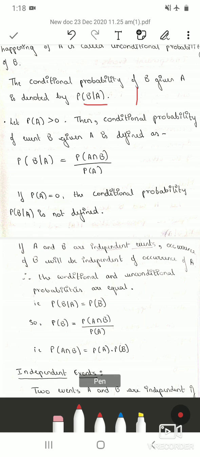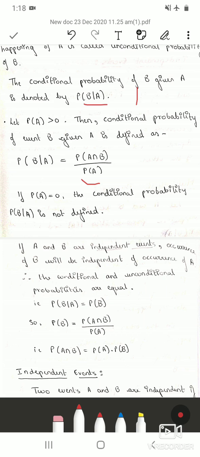So the condition is the probability of A should always be greater than 0. Then the conditional probability of the event B given A is defined as probability of B given A is equal to probability of A intersection B divided by probability of A. So here we already know that an event A has occurred with probability of A, which is always greater than 0.